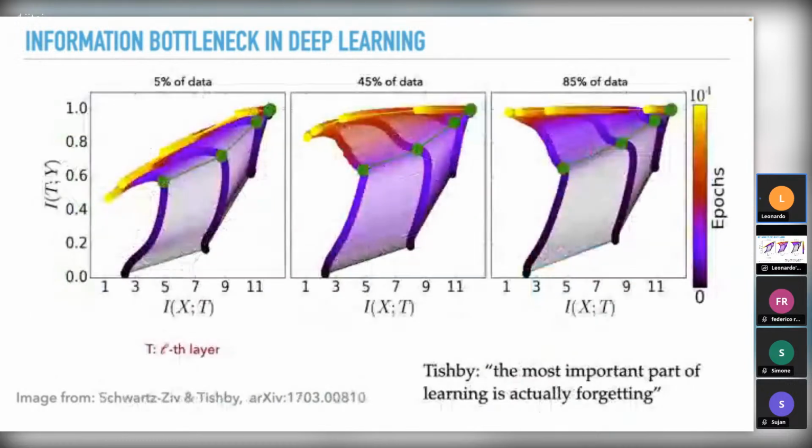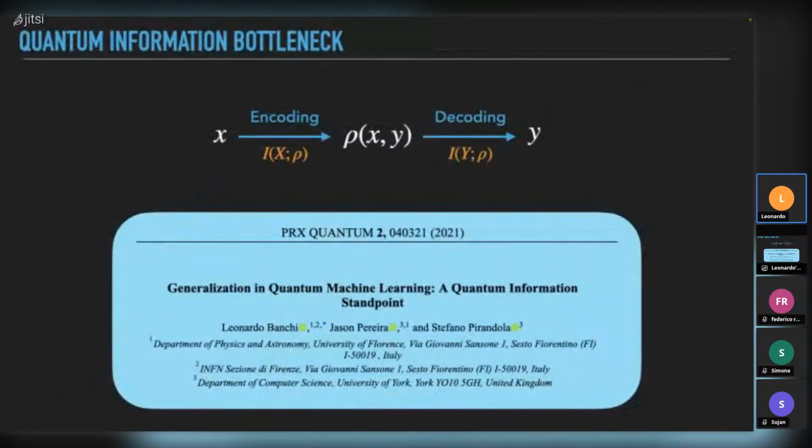The idea is that we still start from classical data, X, but then the encoding is done through some quantum state. So you have some quantum state that depends on the X and also on the hidden Y. So with encodings, you can associate some mutual information between the quantum state and the X. And then from this state, you want to do some measurement, and the task is now to recover the Y.